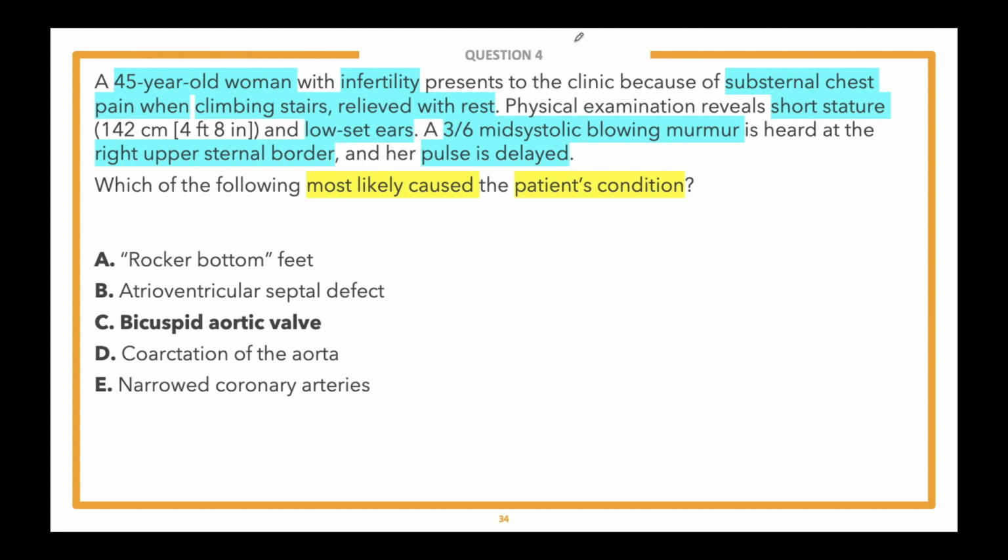However, in this patient, the more likely cause is Turner syndrome, with a bicuspid aortic valve leading to aortic stenosis. So step number one is figuring out that this patient has probably both Turner syndrome and aortic stenosis, and then putting that together to figure out that she probably has a bicuspid valve that then caused aortic stenosis.